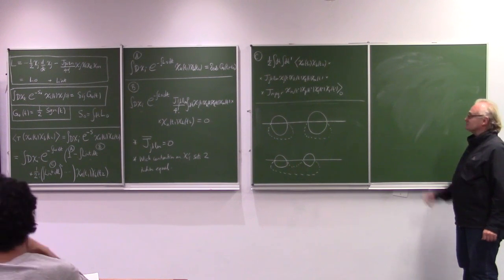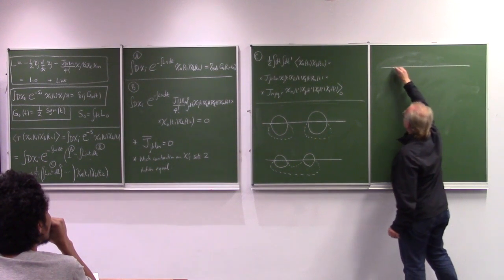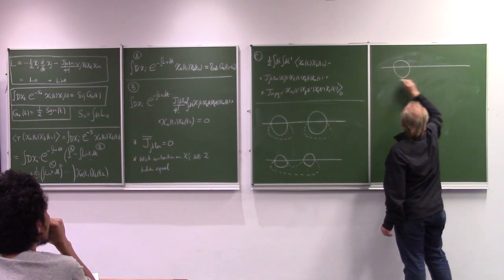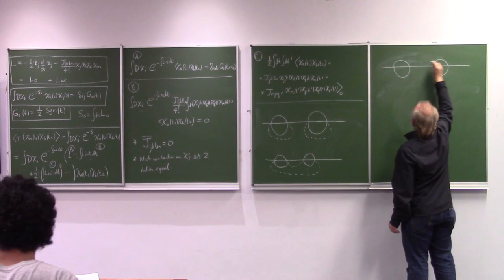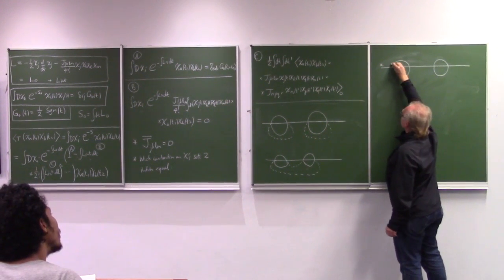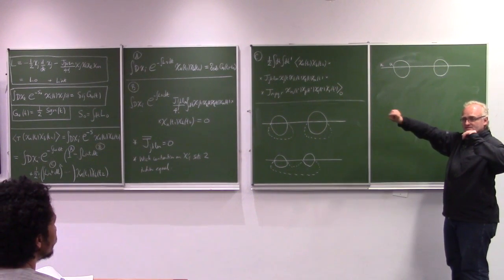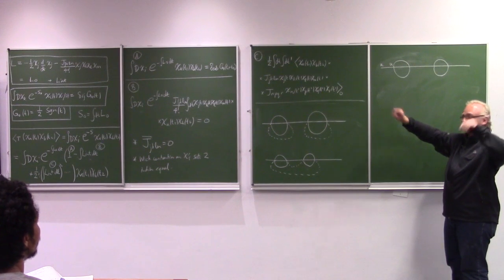Okay guys, let's take a look together. So let's take a look at this first one. If that's A, this side must be A, because the Majorana propagator sets the two indices equal.